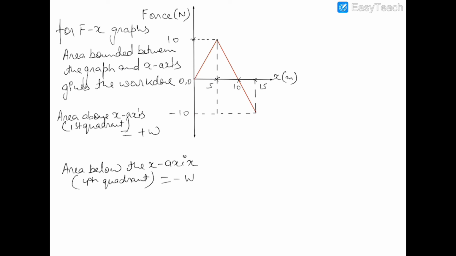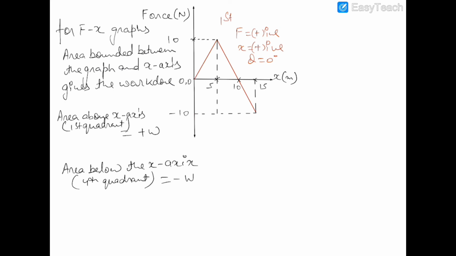Because in this first quadrant, the force and displacement both are positive, which means the angle between them is 0 degree.